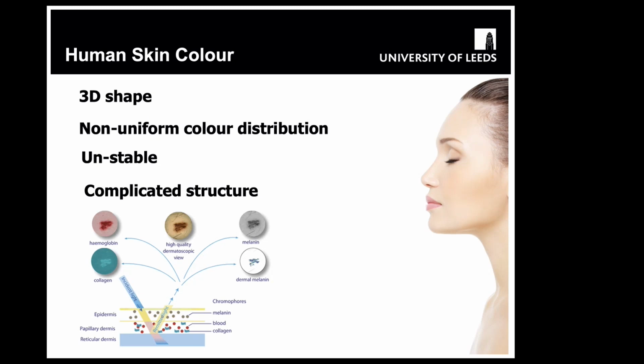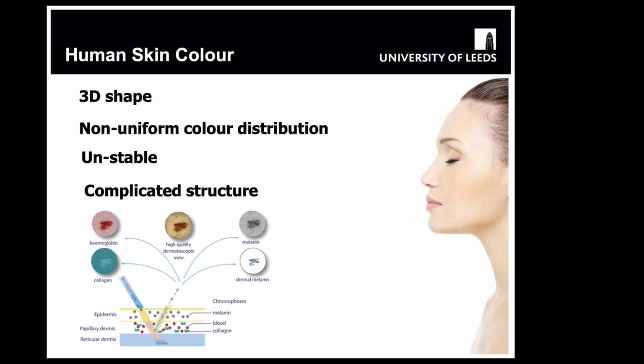Firstly, human skin is not a flat sample. Even for the facial appearance, it is a 3D shape. Secondly, skin color has a non-uniform color distribution. And it is unstable.